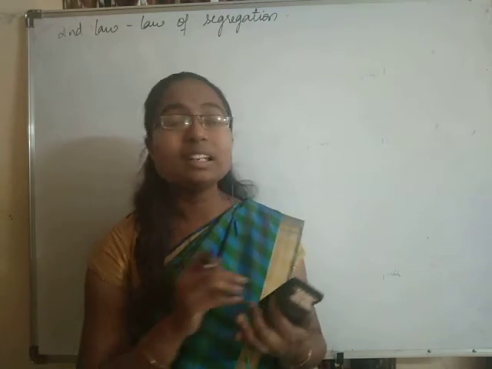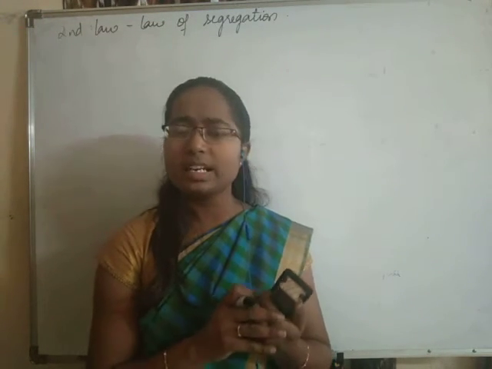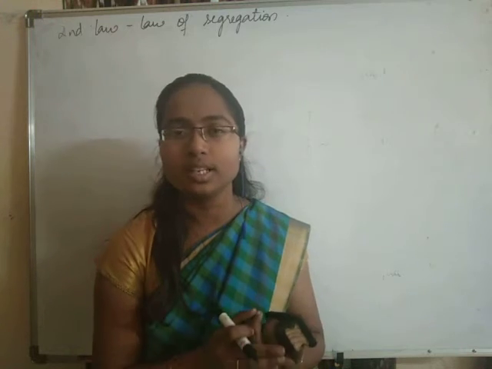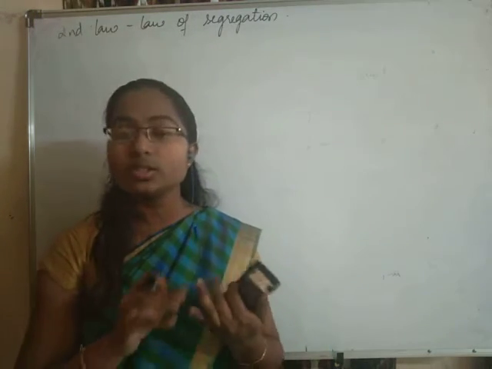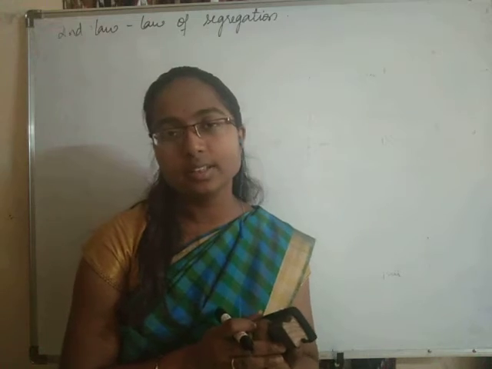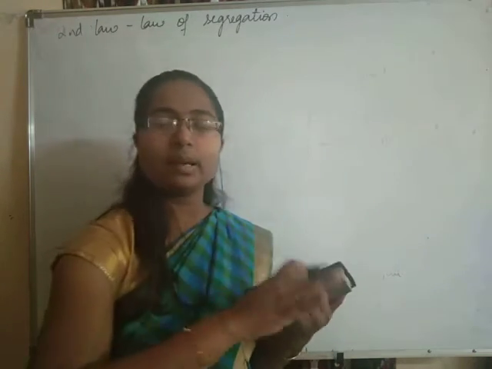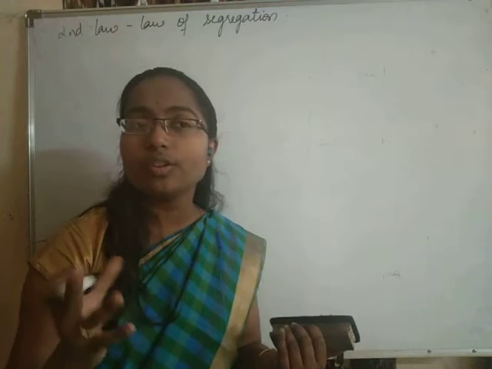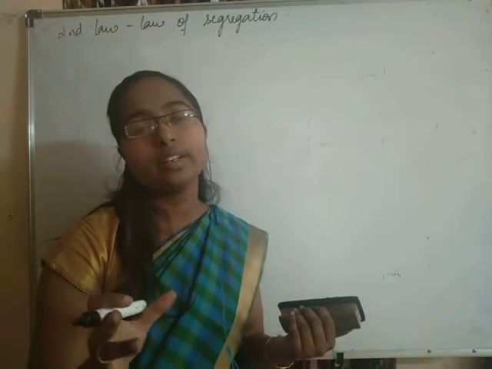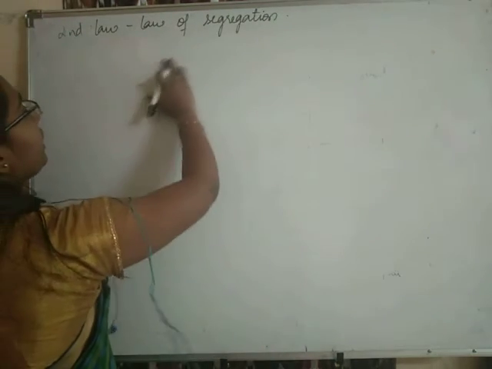We have not seen any plants of intermediate height. This is because there is no blending of characters. The tall character is completely separate and the dwarf character is completely separate. This is called the law of segregation.